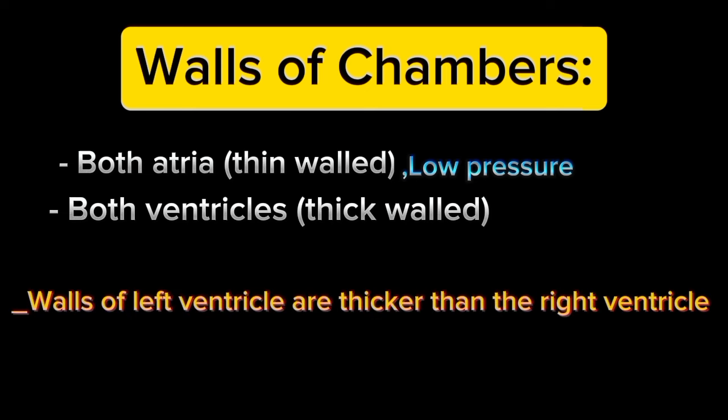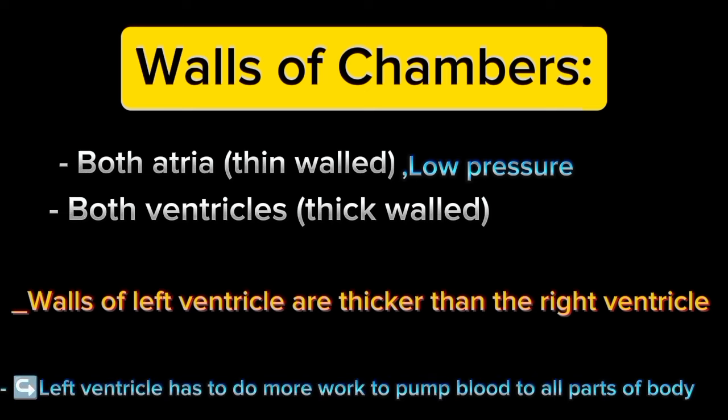But the walls of the left ventricle are thicker than those of the right ventricle. This is because the left ventricle has to do more work to pump the blood to all parts of the body. Both ventricles forcefully pump blood out of the heart.